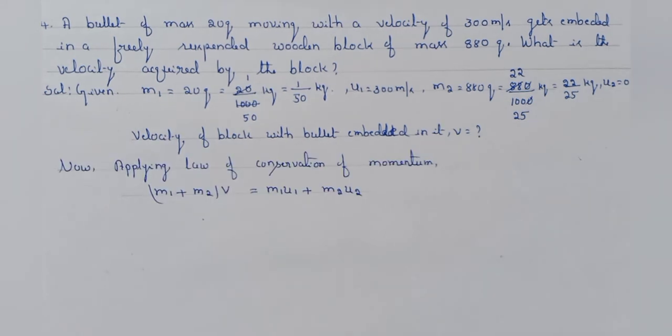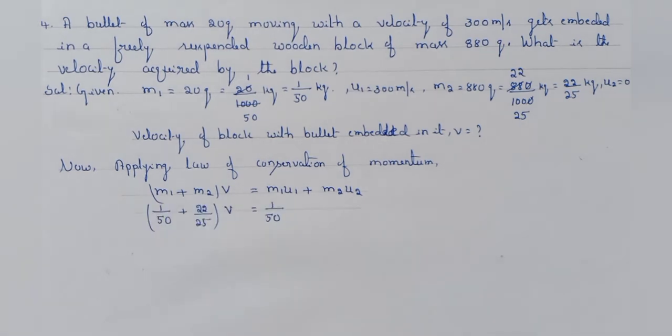Now substitute 1 by 50 in place of m1 and 22 by 25 in place of m2, and we have to find out v. So m1 is 1 by 50 and u1 is 300 plus m2 is 22 by 25 and u2 is 0.